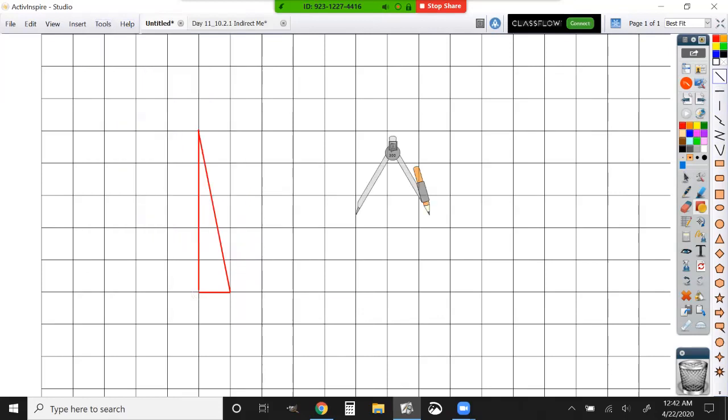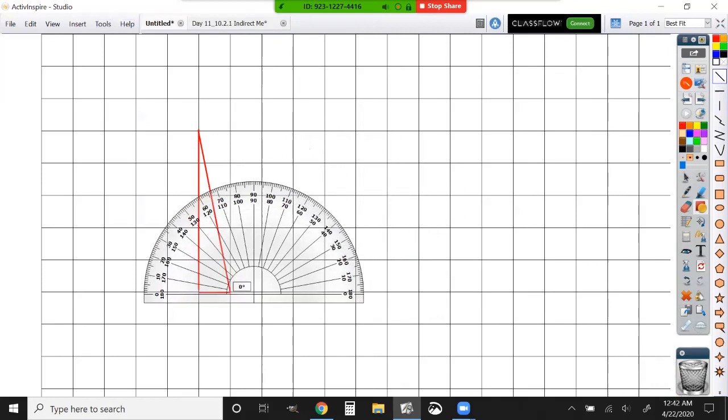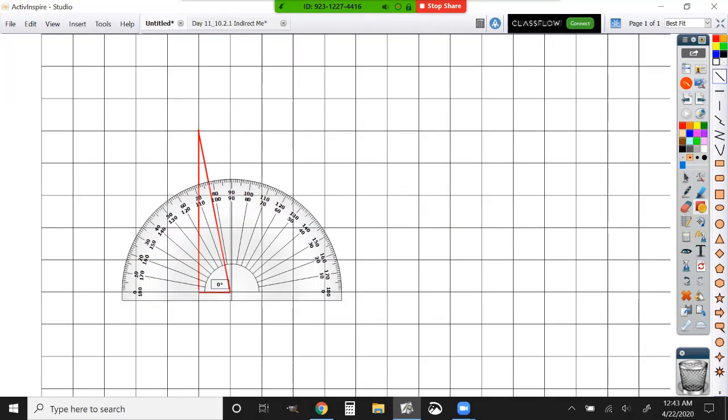Oh, not a compass. Grabbed the wrong one. Let's do a protractor. We could use a protractor to measure this angle here. If I put the vertex of the angle here, here's 0, 10, 20, 30, 40, 50, 60, 70. Here's 80, that looks like 78, 79.